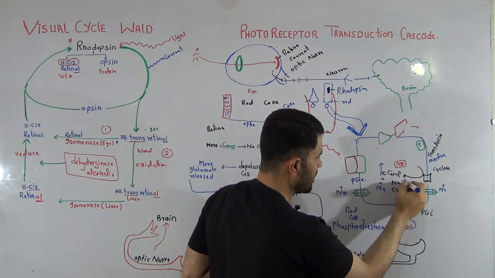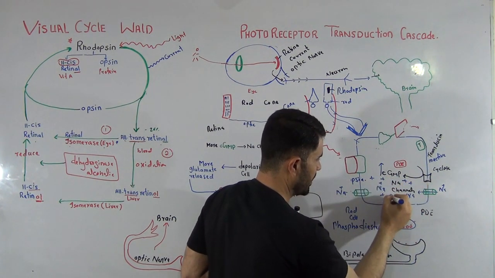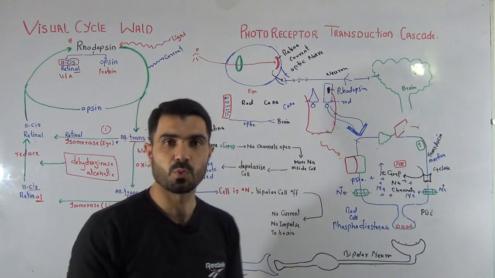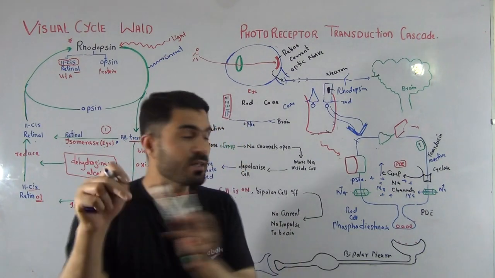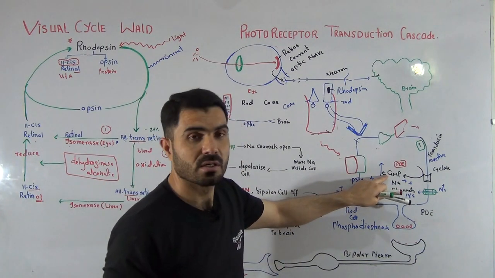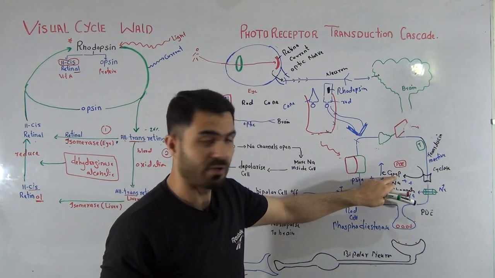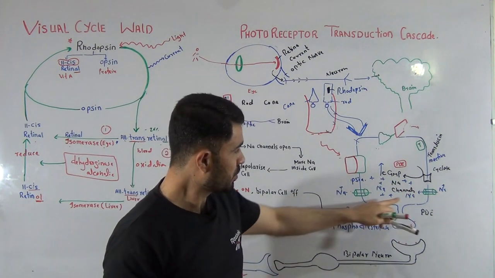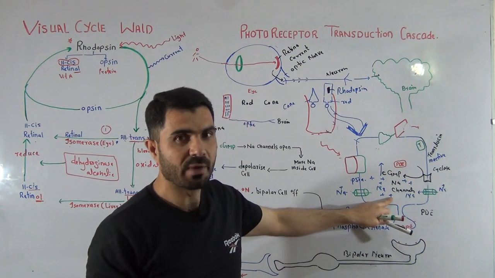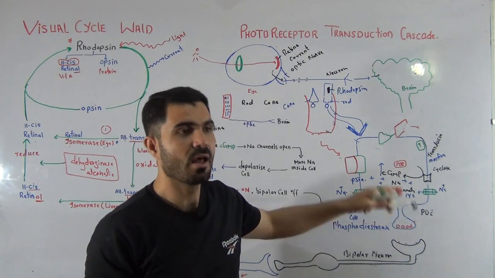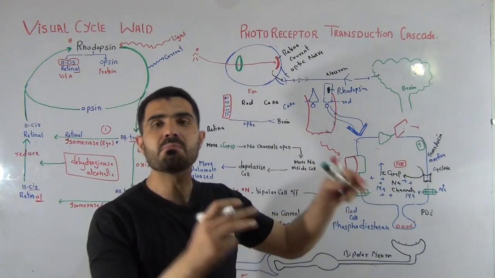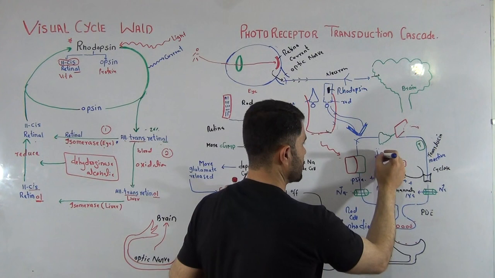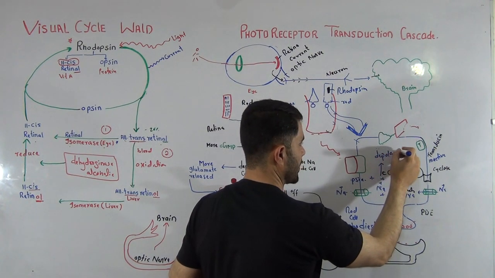As a result, we will have a large number of sodium ions inside the rod cell, because of increased cyclic guanosine monophosphate. These positive ions will make our cell depolarized.